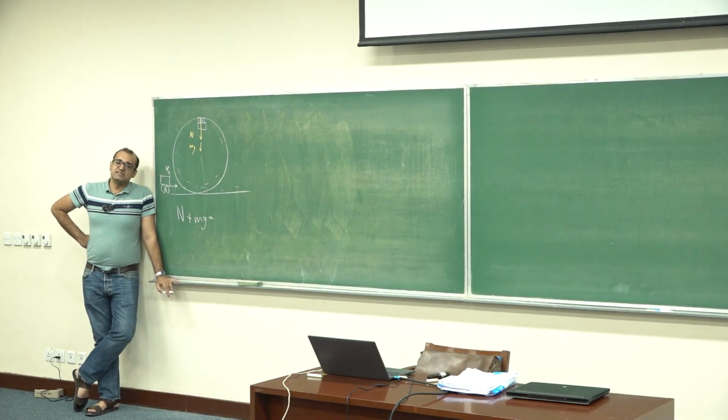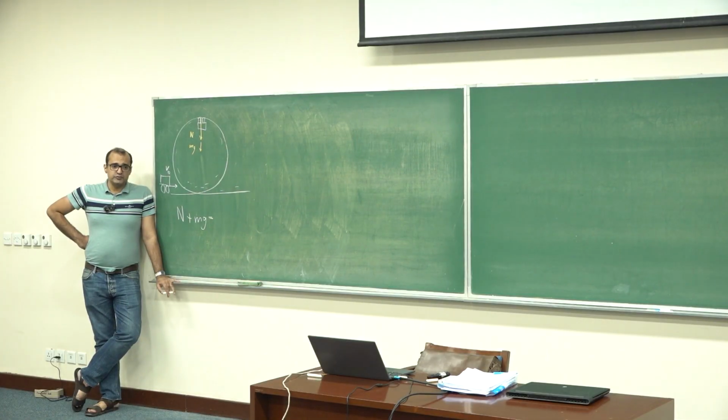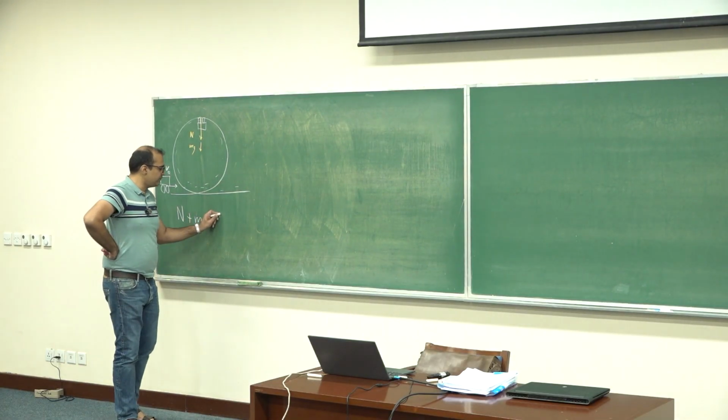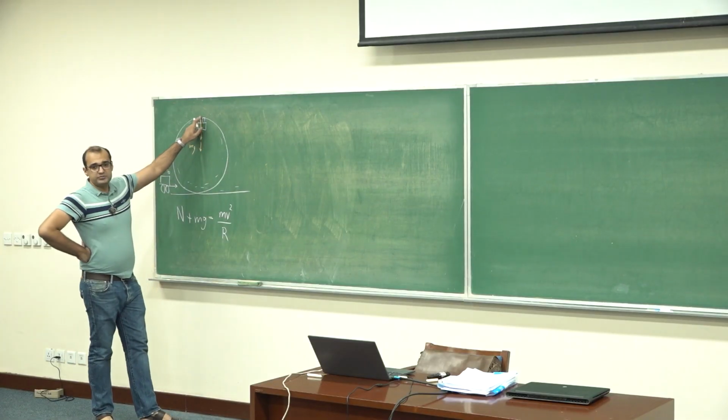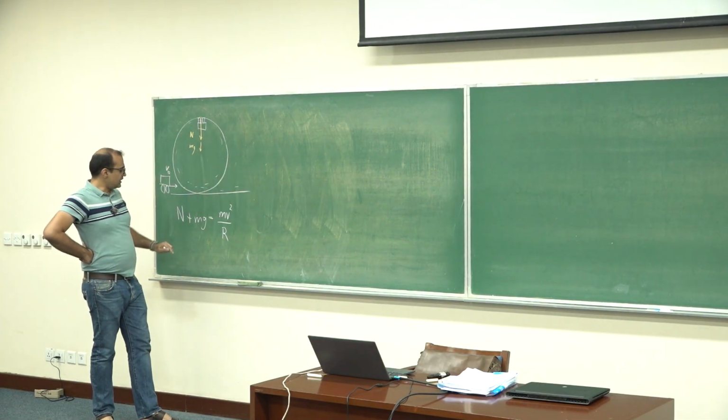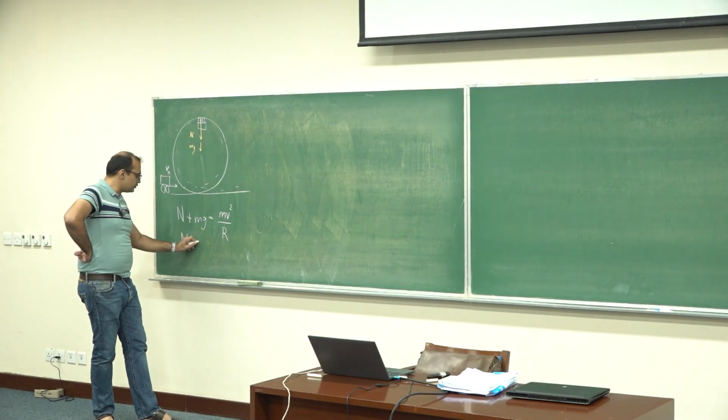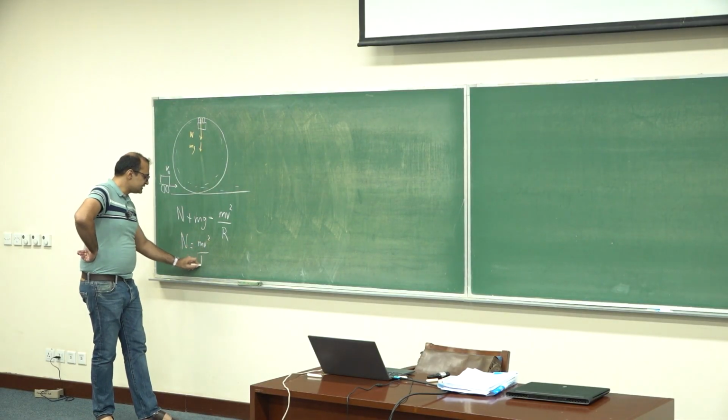But the radial acceleration is still given by v square over r, जहाँ v is the speed of the object at the point at which you are calculating the radial acceleration. Okay, so this is still equal to mv square over r, where v is the speed of the object at the top. And then from here you say that okay, n is equal to mv square over r minus mg.